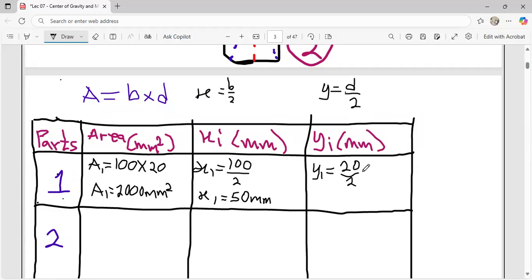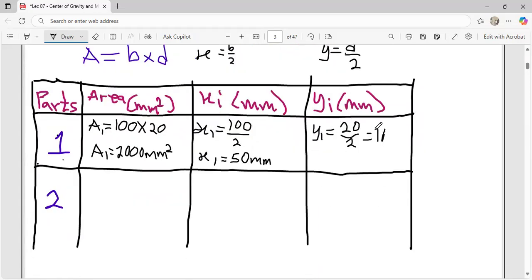At the end of the day, we're going to get 10 mm.